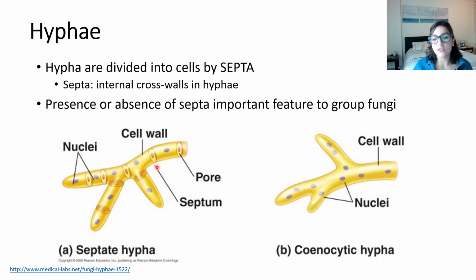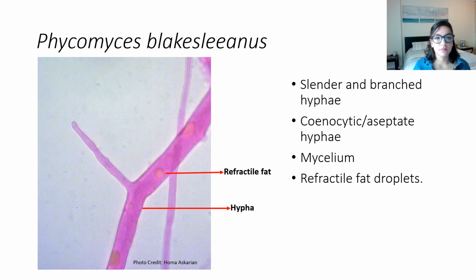While in a cenocytic or aseptate hypha, we only have our cell wall, which surrounds the hyphas, and different nuclei. But there's no division, like physical division by the septa.